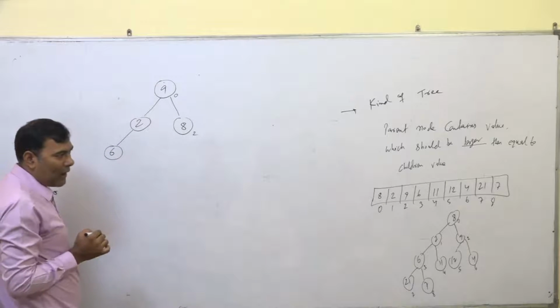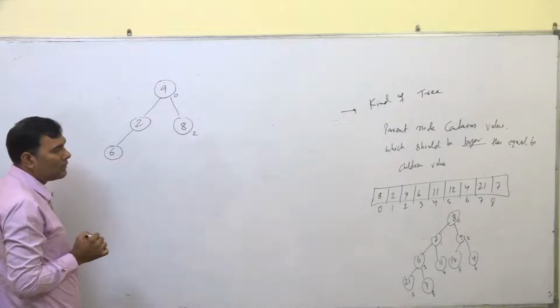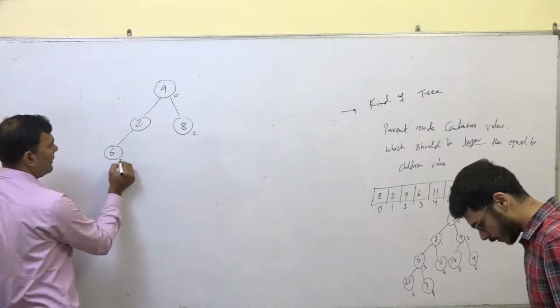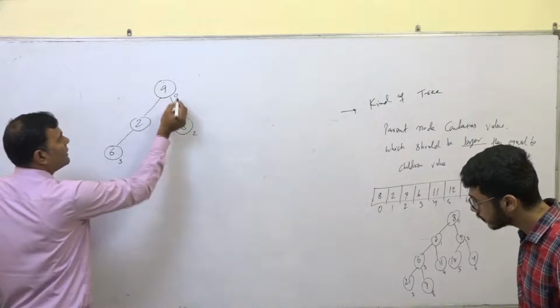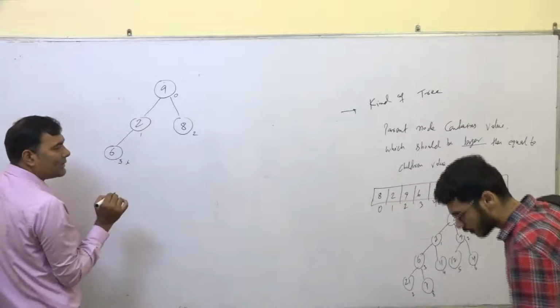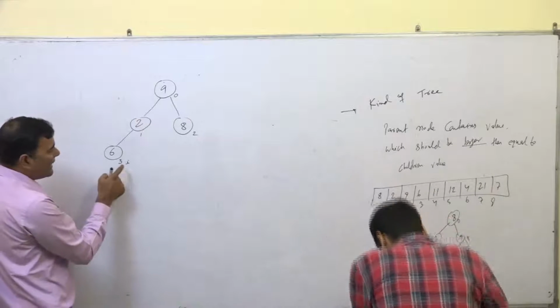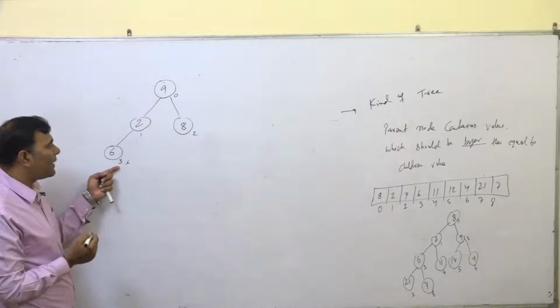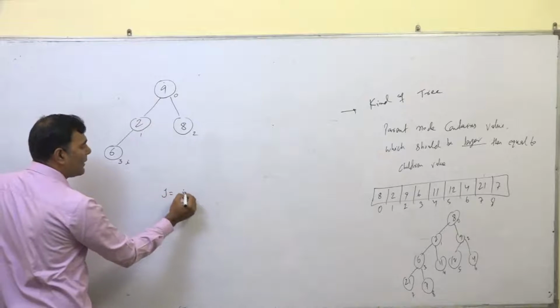And tell me, the index of 6 is? 3. So 0, 1, 2, and 3. So let it be your ith index. If it is your ith index, then how can you compare with the parent? You need to find the index of the parent. So let j be (i minus 1) upon 2.